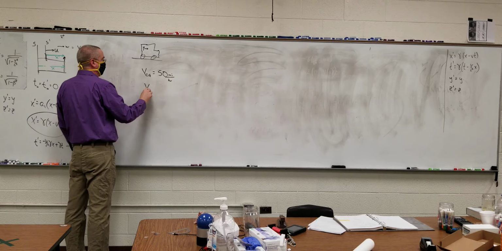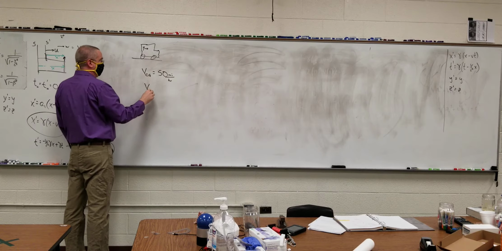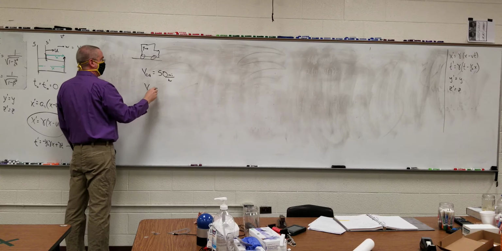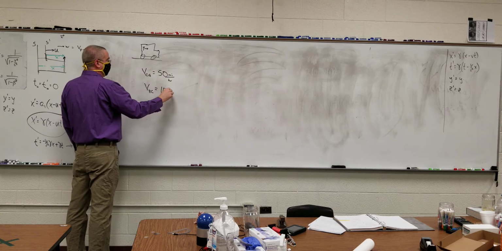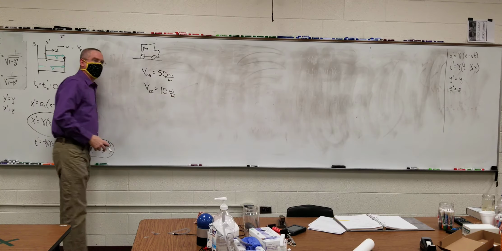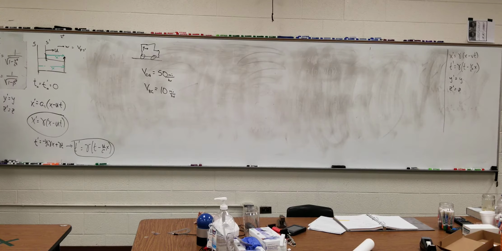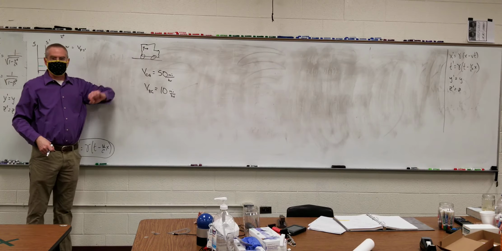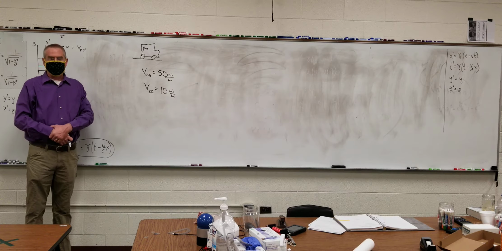The velocity of the ball, we'll make it a ball being thrown, with respect to the car, is 10 miles per hour. So you're on the way back, you throw something at 10 miles per hour from your point of view towards the front. How fast is the ball going with respect to the ground? 60.